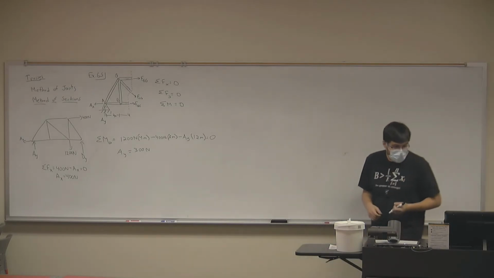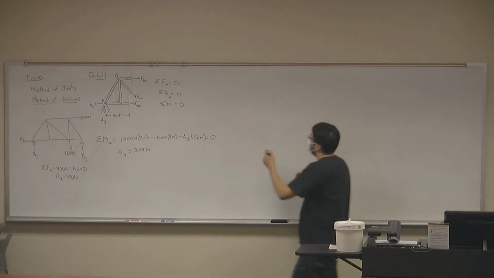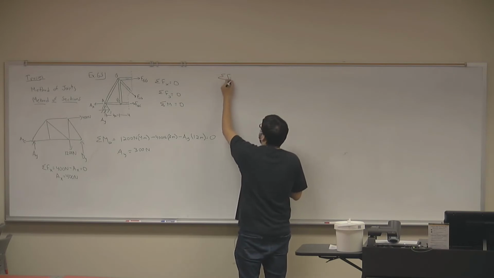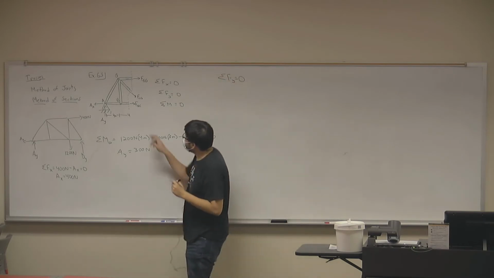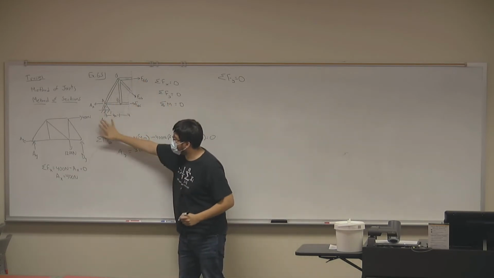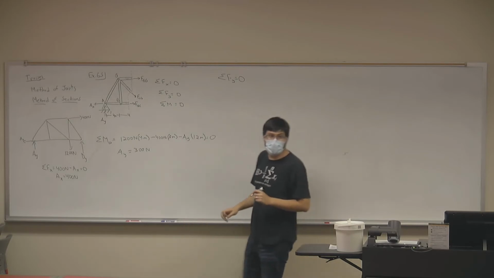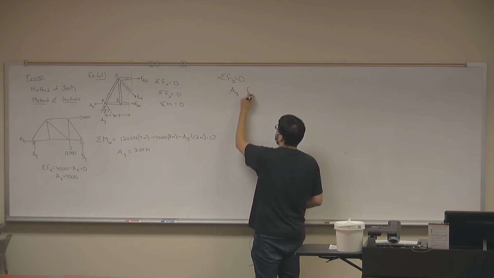Okay. So let's take our sum of forces in the y direction. I get that the sum of forces in the y direction equals 0. And in that y direction, which forces can you see just in this section? Which forces can you see in the y direction? AY and then FCG y. And what is FCG y?